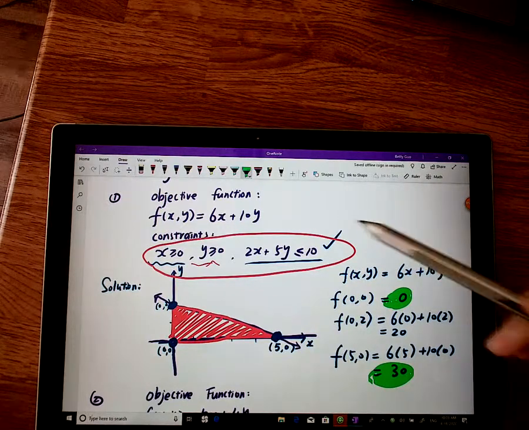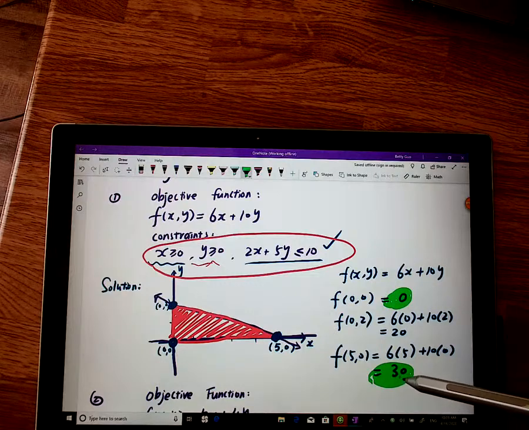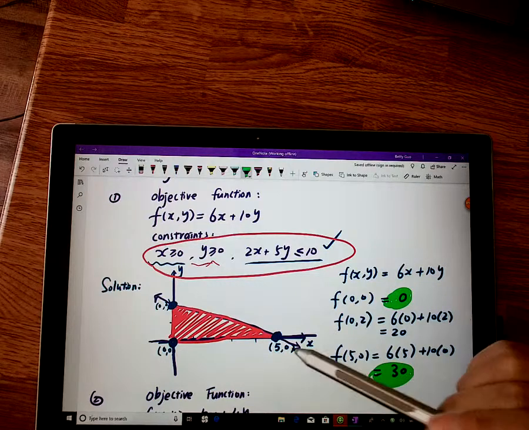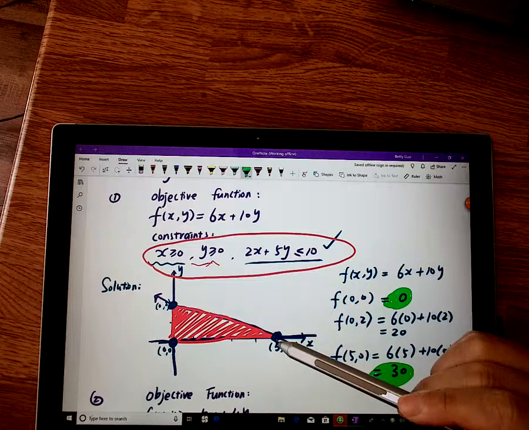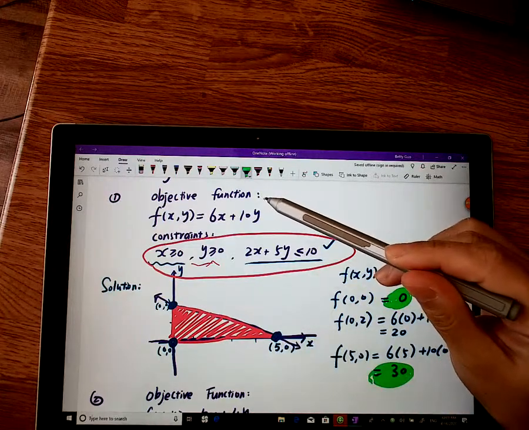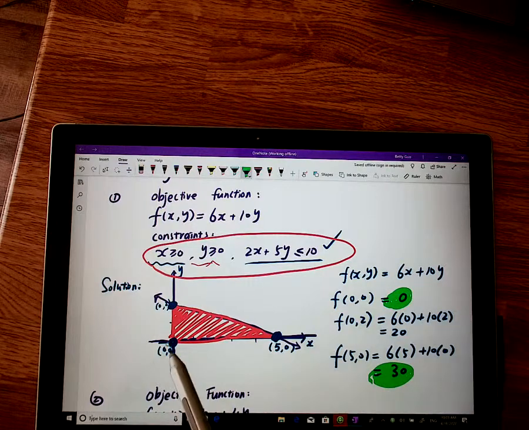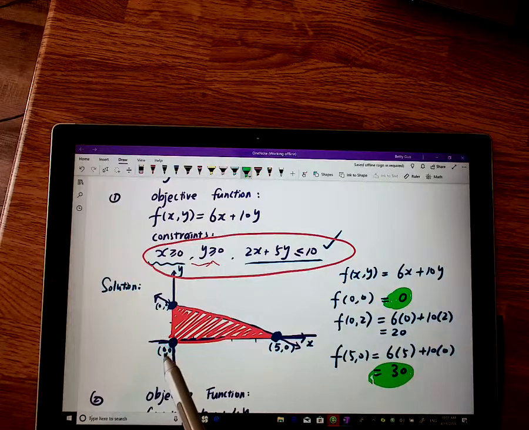The objective function reaches the maximum value 30 at vertex (5, 0). It reaches its minimum value, which is 0, at the vertex (0, 0).